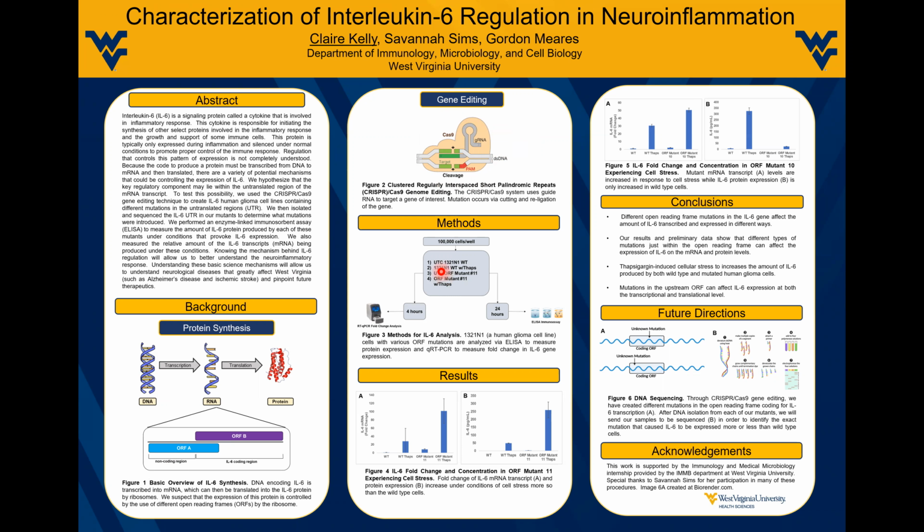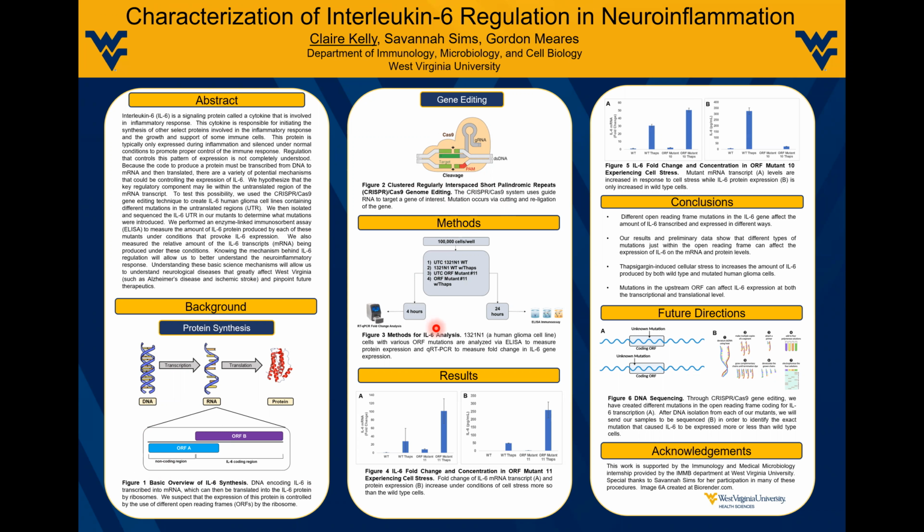So cutting this part of the gene, and then the cell will religate it to fix this break in the DNA, creates a mutation. So what we've done is we've generated a handful of mutated cells to see how they produce IL-6 differently. All of these mutations that we have are in the open reading frame of IL-6.